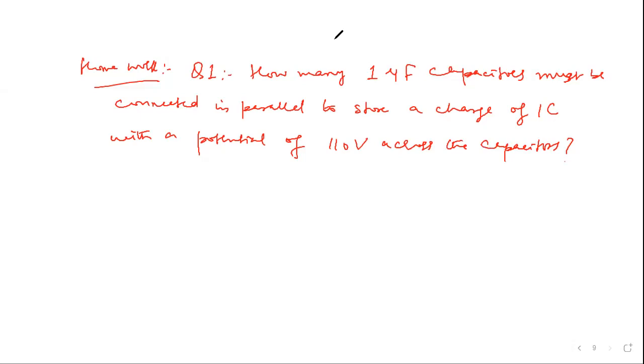I repeat the question. How many 1 microfarad capacitors must be connected in parallel to store a charge of 1 coulomb with a potential of 110 volt across the capacitors? And remember, 1 microfarad is 10 raised to minus 6 farad.